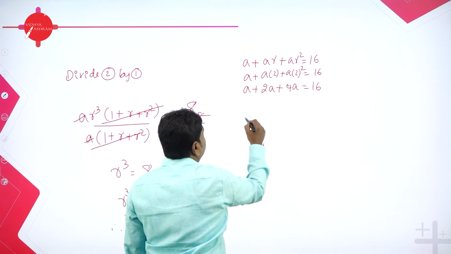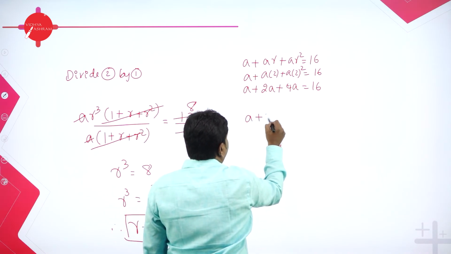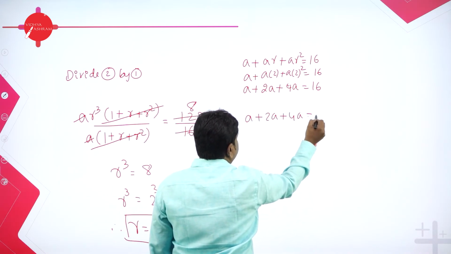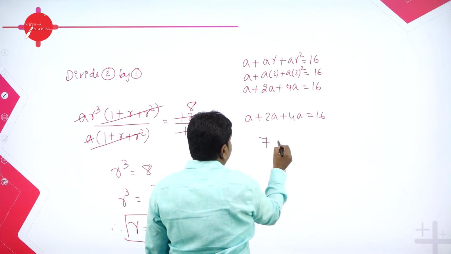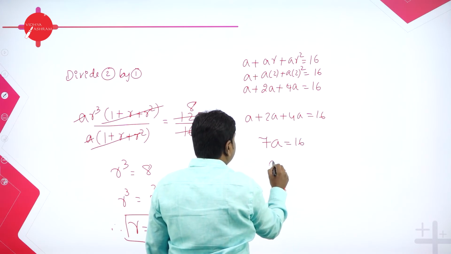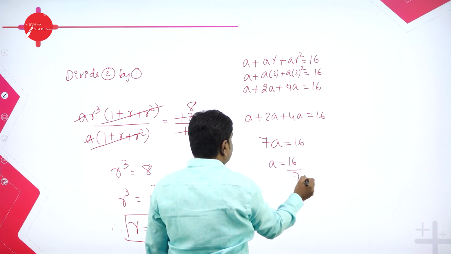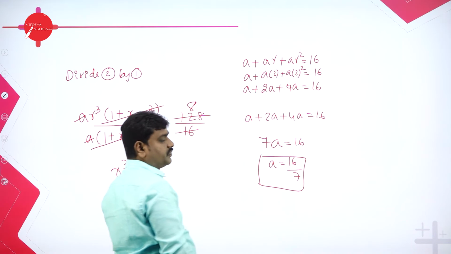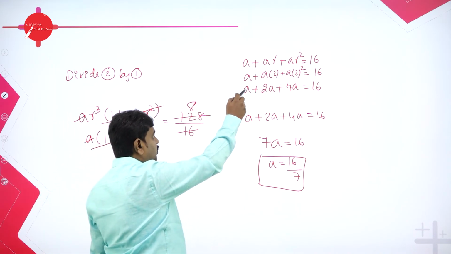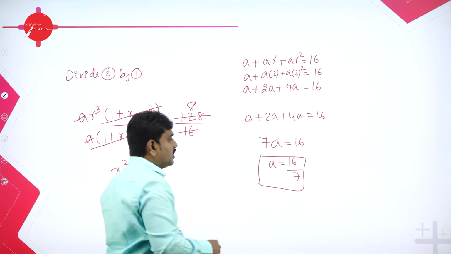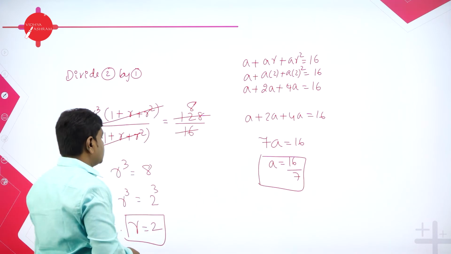So A plus 2A plus 4A is equal to 16. 4A plus 2A, 6A plus A, 7A is 16. A is 16 by 7. The first term is 16 by 7.